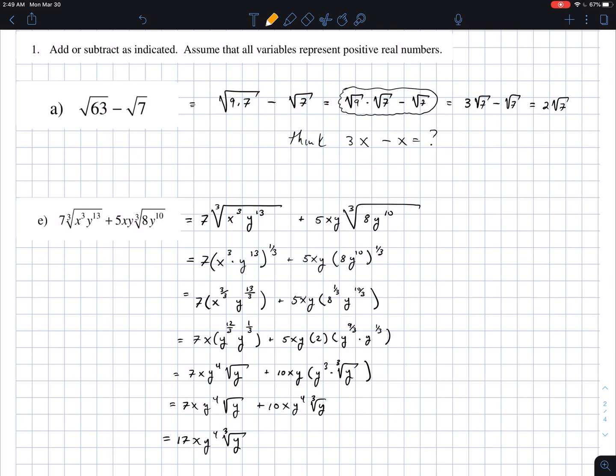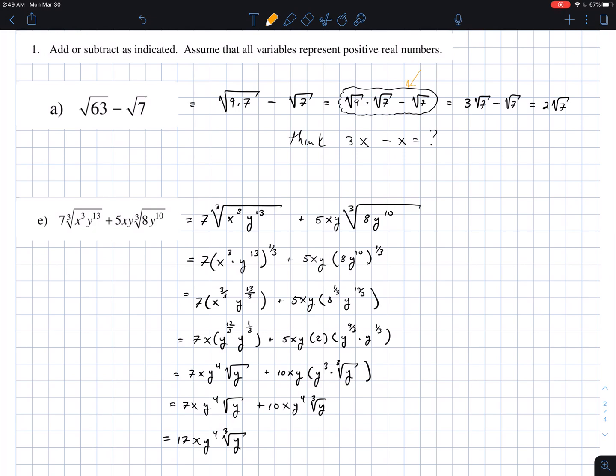So what did I do first? I took 63, factored it out, and realized that I have the square root of 9 times 7. I then took the square root of 9 times the square root of 7 minus the square root of 7 right here, right?